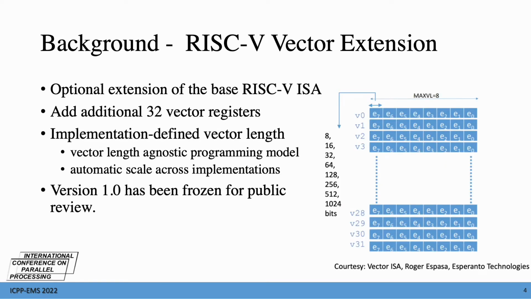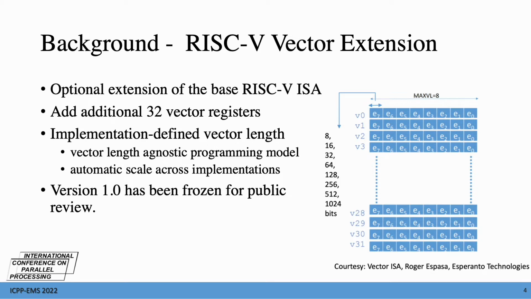The RISC-V vector extension is an optional extension of the base RISC-V instruction set architecture. Unlike the packed SIMD extension, RISC-V adds an additional 32 vector registers to perform parallel operations. For SIMD extensions, the preferred vector register length depends on the types of workloads that the extensions target.